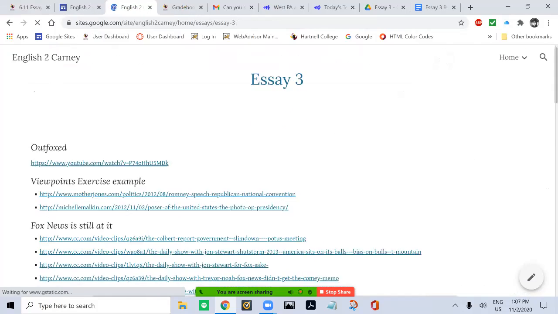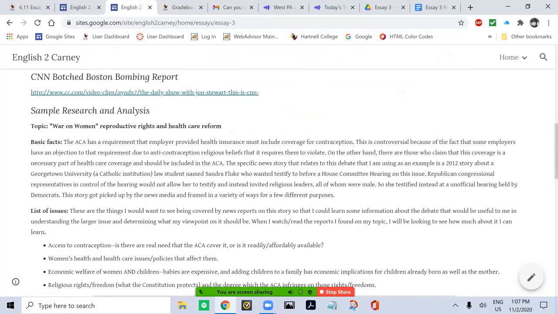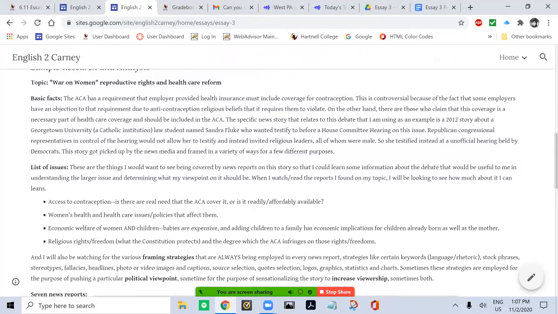All righty. So here's another topic that I developed some years ago, and I'll give you some context for it. The topic is "war on women," and that's in quotes because it's a slogan.